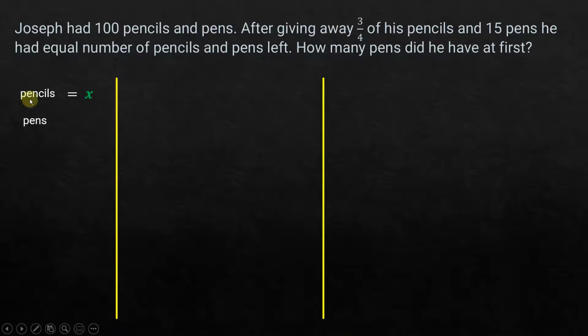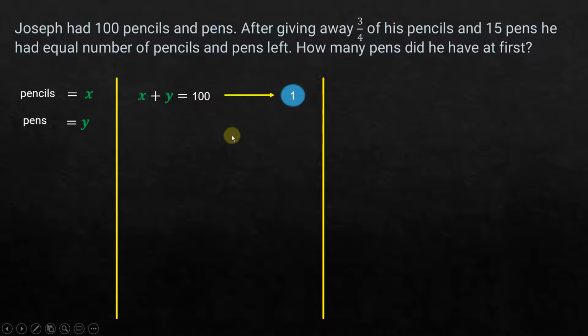So we'll say, let the number of pencils be x, it could be any value, and pens be y, which again is any value at this point. The first statement, Joseph had 100 pencils and pens, means pencils plus pens should be equal to 100, or in our case, x plus y should be equal to 100.